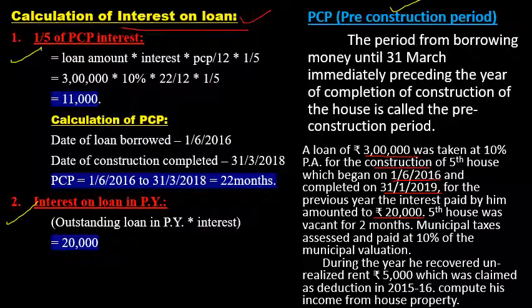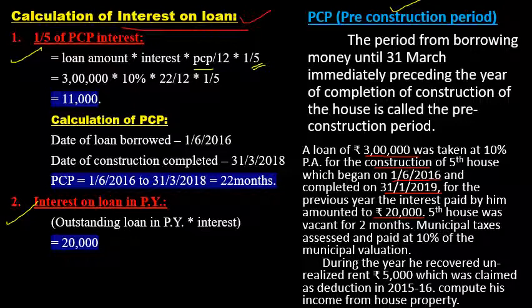The formula is loan amount into rate of interest into PCP, where PCP is the duration of construction divided by 12, into 1/5. It is 1/5 because the pre-construction period interest can be paid in 5 equal annual installments. Then only SSC gets the deduction. If installments cross more than 5 years, then SSC is not eligible for deduction.